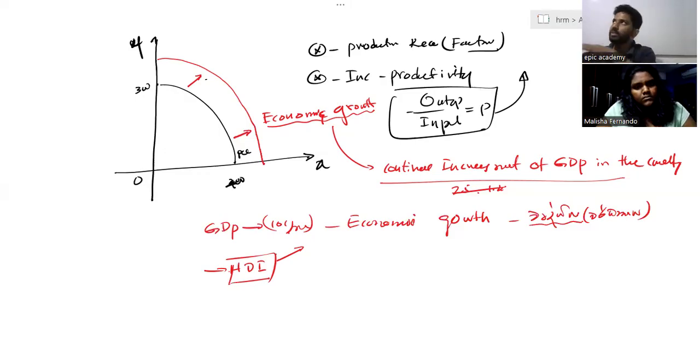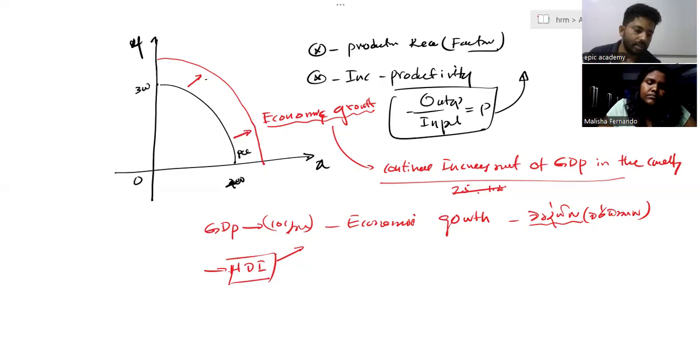On the other hand, as the economy is growing, the living standard of the people living in this country must improve in quality. Life expectancy must increase. Literacy rate must increase. And health facilities and education facilities must increase.